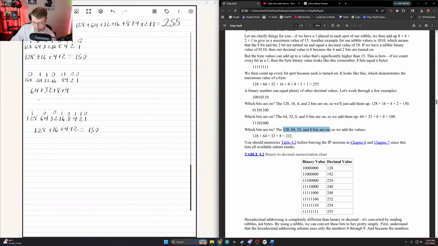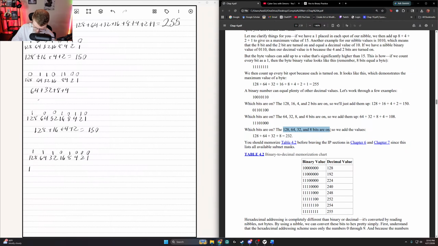We have the values of 128, 64, 32, 16, 8, 4, 2, and 1. 128 is turned on, 64, 32, and 8. So our binary value here is 1110 1000. That's going to be our byte.